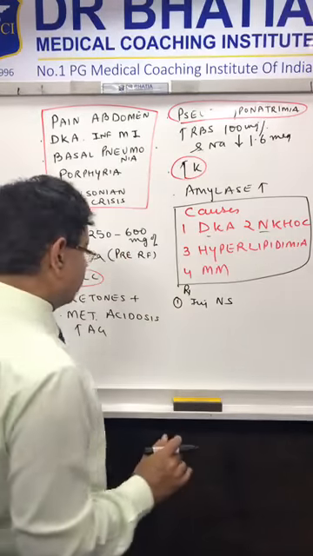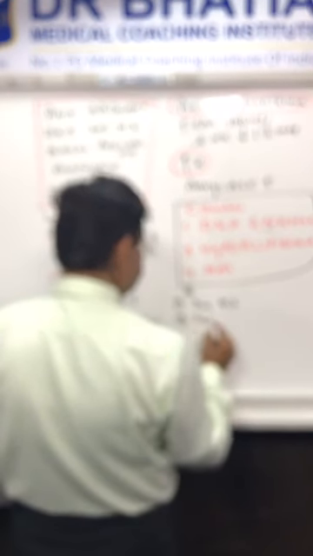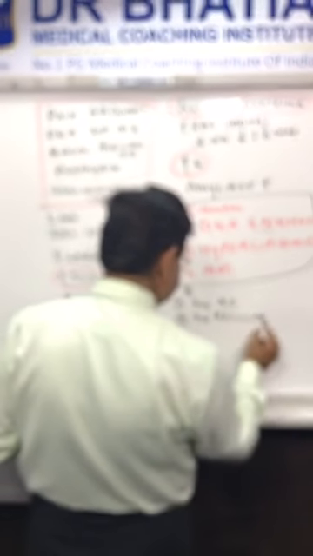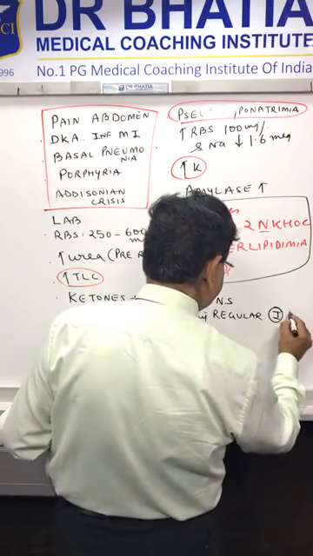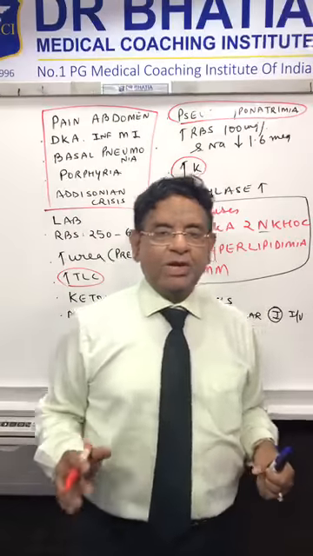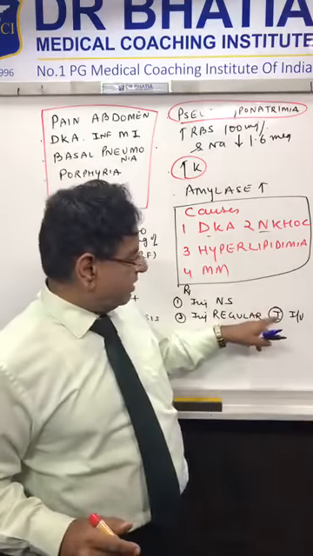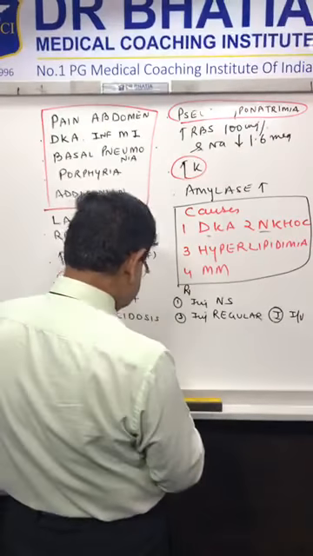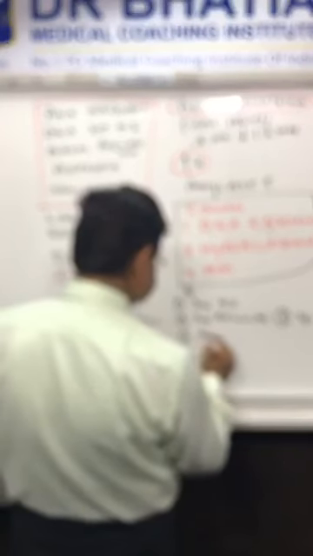Then we give injection regular insulin intravenous. This is a very, very important point. Point to be noted, the only insulin which is given IV is regular insulin. Then if some infection is there, we give antibiotics.